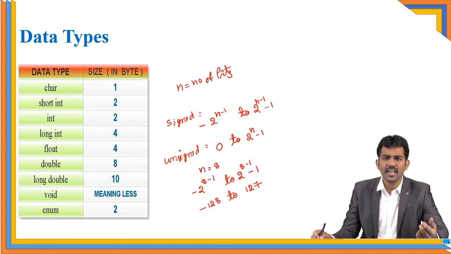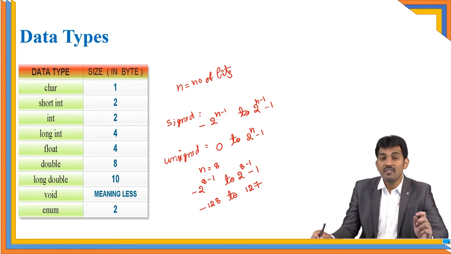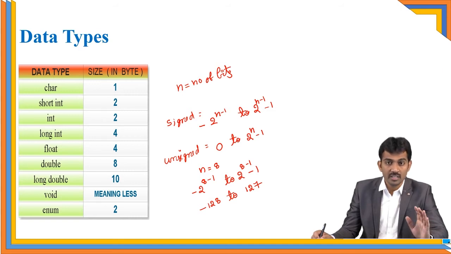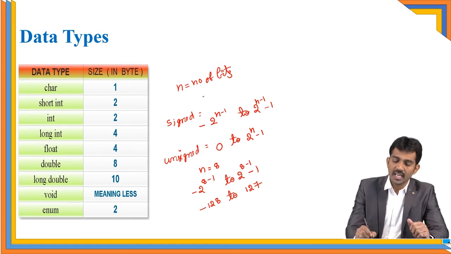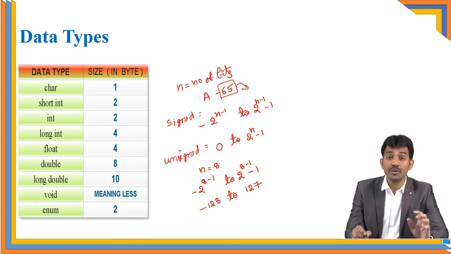Sir, you are talking about the character. Why are you saying integers? See, every character is converted to an ASCII value. Every character on the keyboard contains a specific ASCII value. For example, if you consider the capital A, the ASCII value is 65. So 65 is converted into binary format before being stored in your computer.